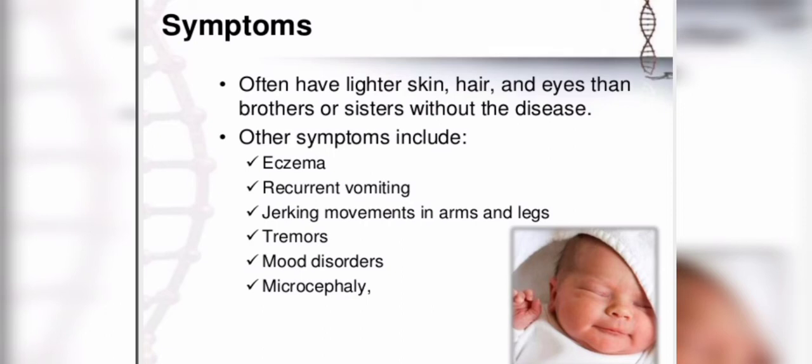Other symptoms include eczema, that is inflammation of the skin, recurrent vomiting, jerky movements in arms and legs, and tremors. Tremors means involuntary movement of different parts of your body. Mood disorders, microcephaly. Microcephaly means the baby's head is smaller than expected.